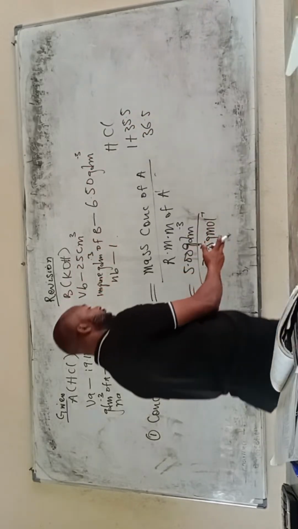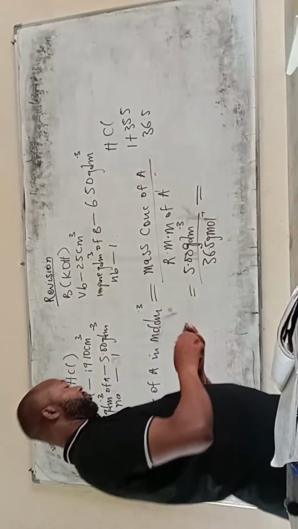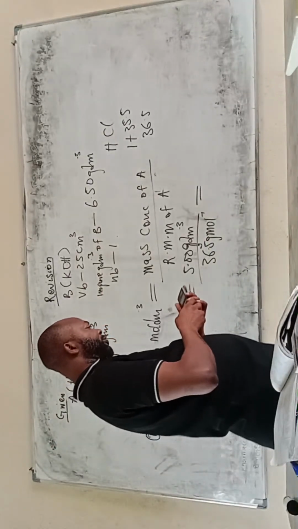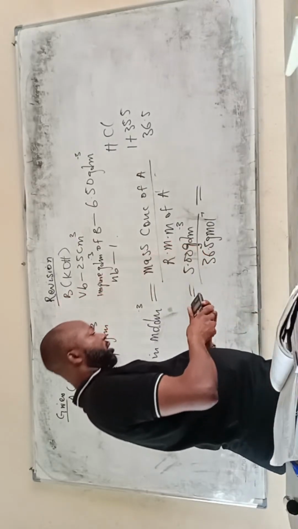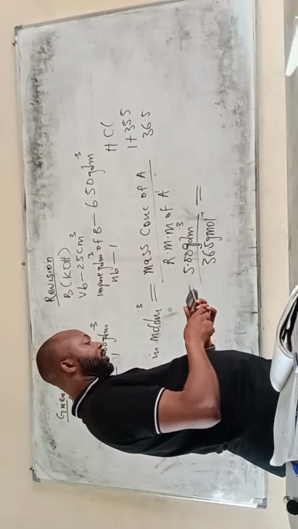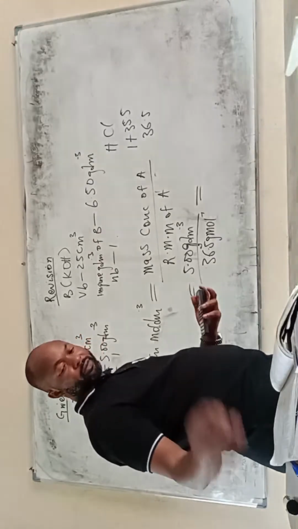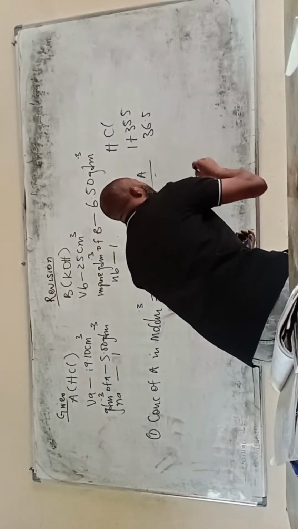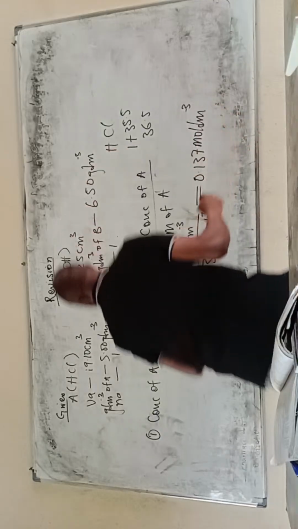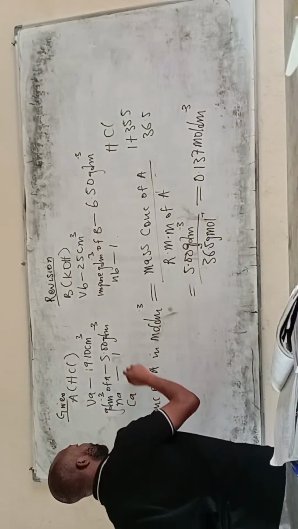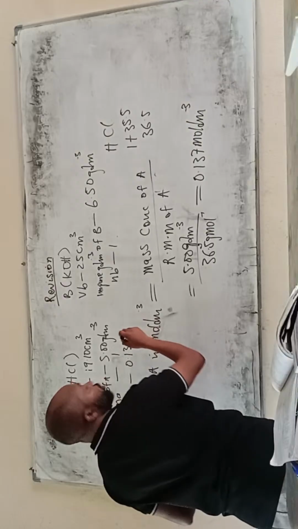So that's how we got 36.5. And this all is equal to 5 divided by 36.5, which is 0.137 mole per dm³. Now, CA is 0.137 mole per dm³.